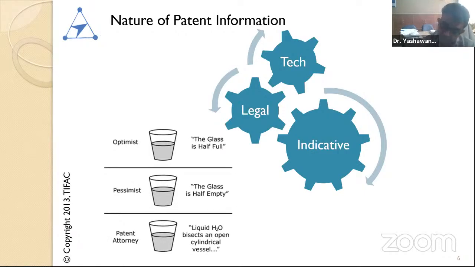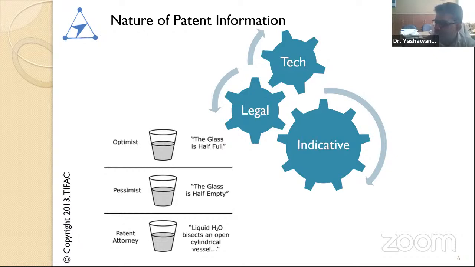It says liquid H2O bisecting an open cylindrical vessel. Oh, I say, I'm free to copy this. They say, why? How can you copy? I have a patent. I'll say, go to hell. I'll copy this.